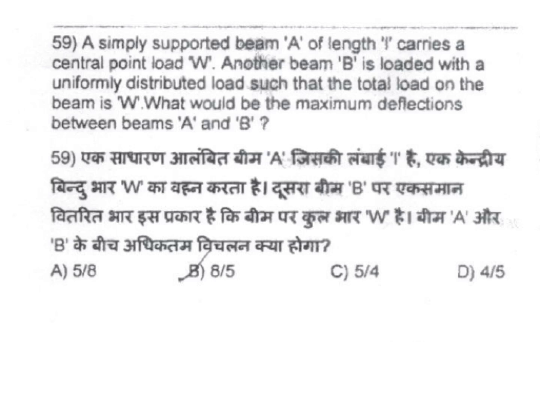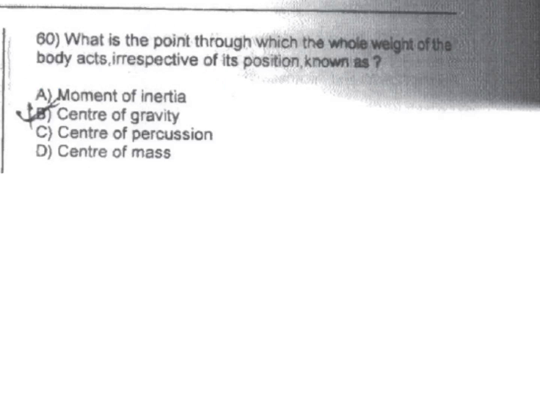So A is simply supported beam or SS beam with central point load W. This is beam A. And for beam B, SS beam with UDL and total load is W. This is UDL and total load is W.